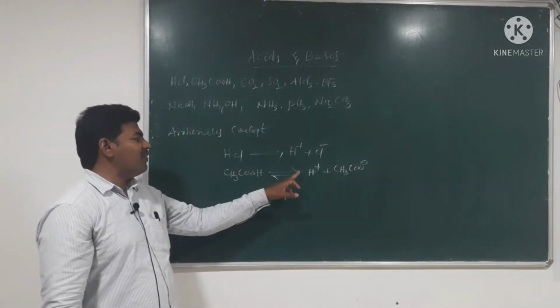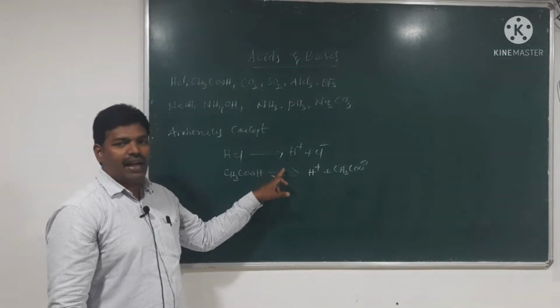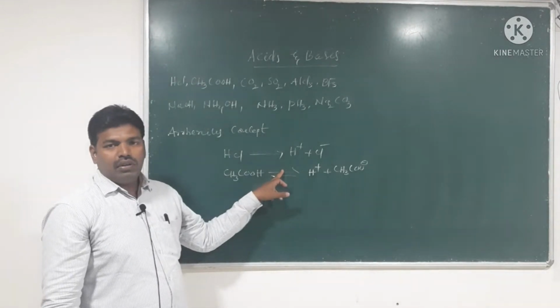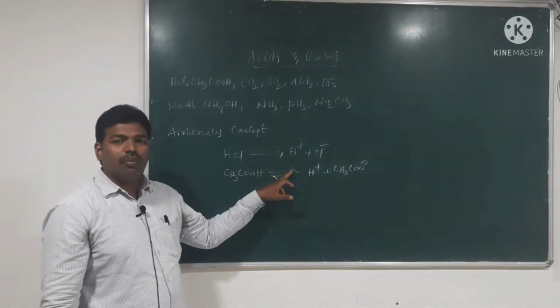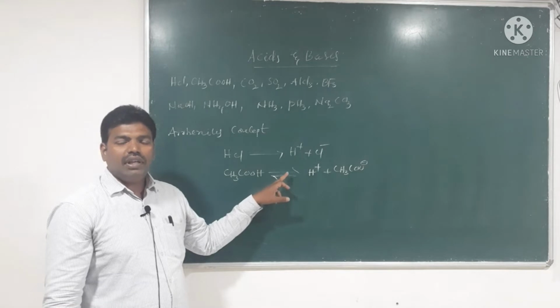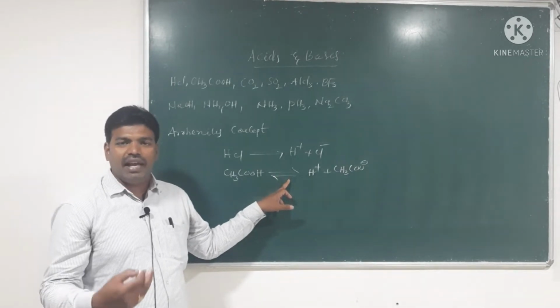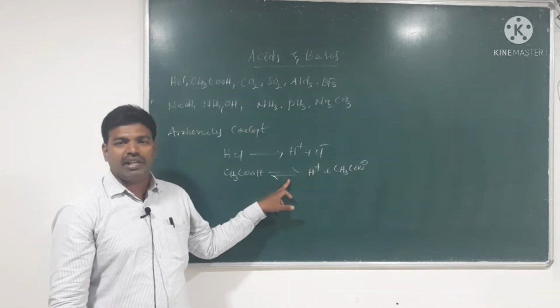I shall explain why I wrote a double-headed arrow. There is a significance for this double-headed arrow in the case of acetic acid. I shall explain this concept in the upcoming classes.